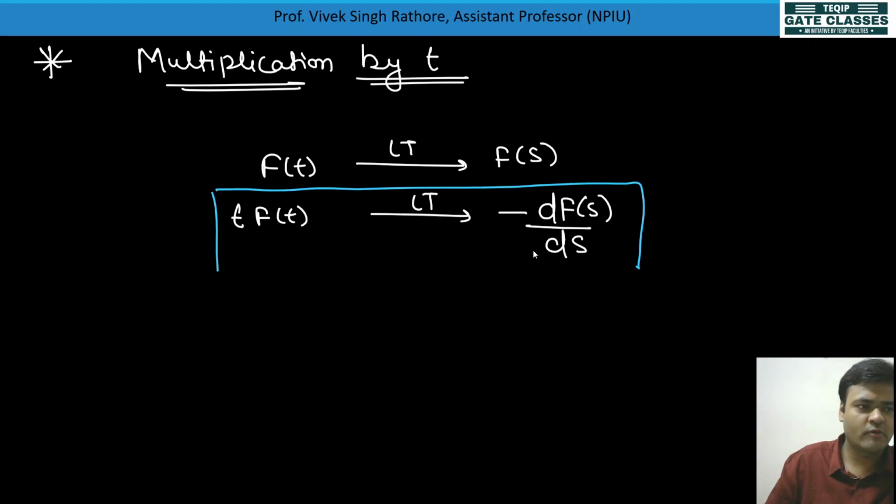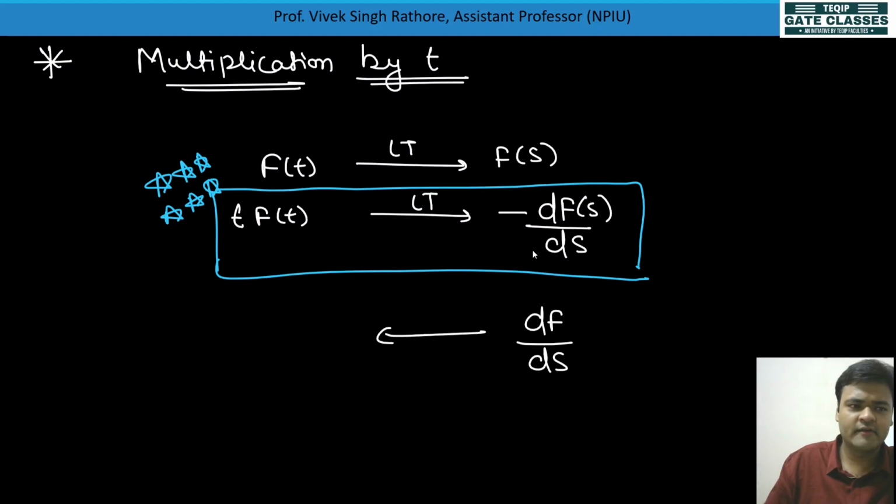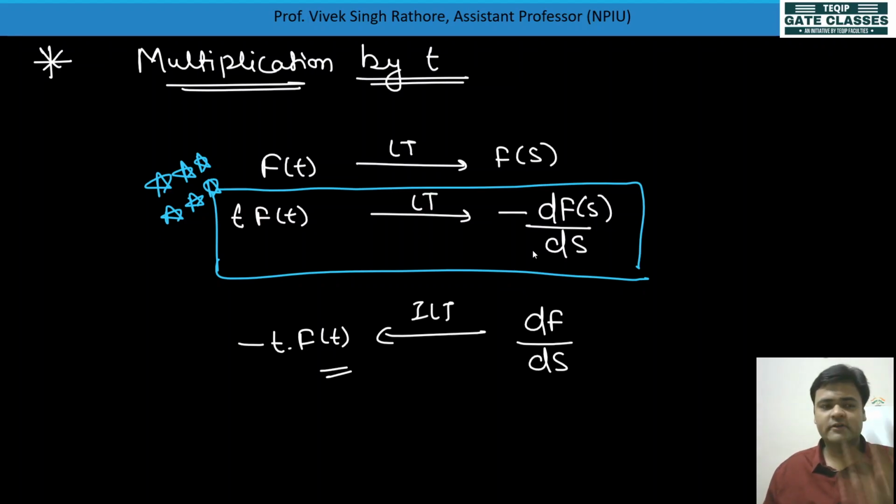So multiplication by t, that is t into f of t, gives minus dF by ds, or inversely, if you take the inverse Laplace transform of dF by ds, you will get minus t into f of t.